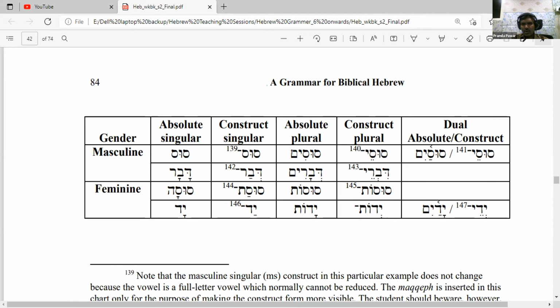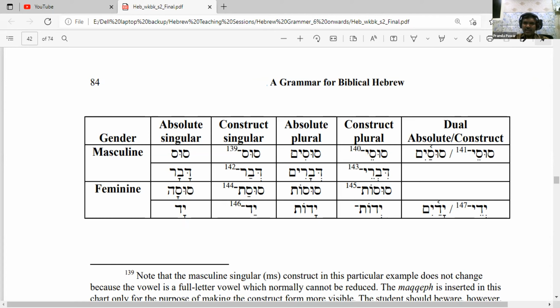See here, hireq yod and mem sofit will turn to sere yod, with makep. Getting it? These are the vowel changes that take place in construct state, whereas in absolute state the word remains as it is.